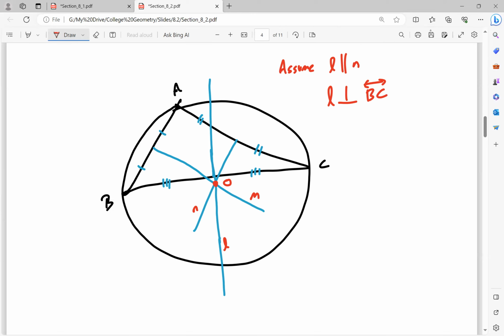Therefore, let's see, sorry, I got a little ahead of myself. I was doing the wrong direction. So we don't need to do it by contradiction here.